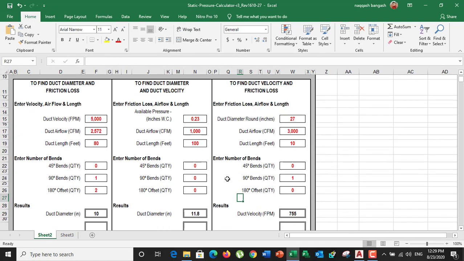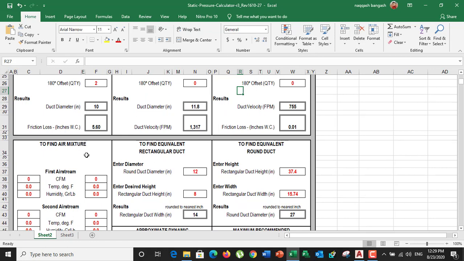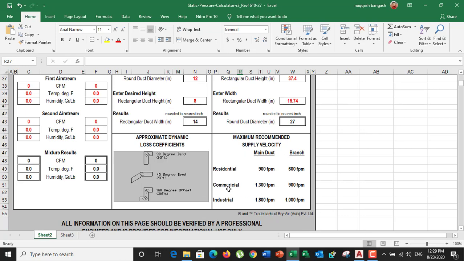In this Excel sheet you can also calculate the diameter of duct, the velocity of duct, friction loss, to find the air mixture, like when you are using the air mixture in an AHU, and the equivalent rectangular duct and round duct. And these are some standard velocities.